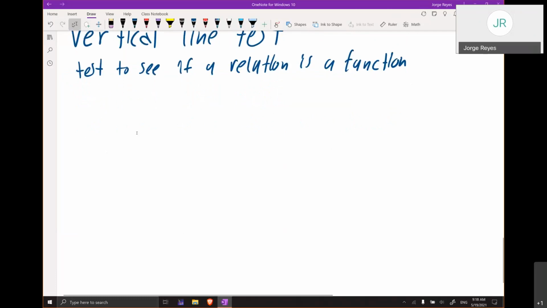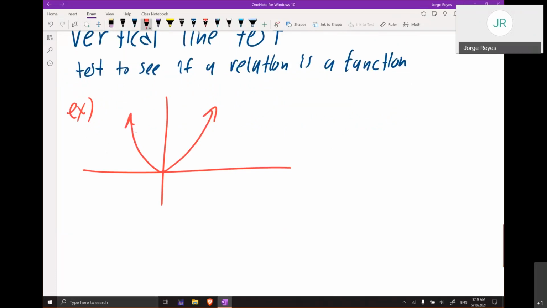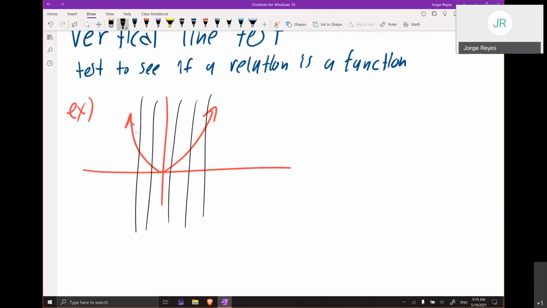So here's an example. I have my parabola. And how you perform the vertical line test is you just draw a whole bunch of vertical lines. You can draw them anywhere you want. But we look at where it crosses the graph. So there.